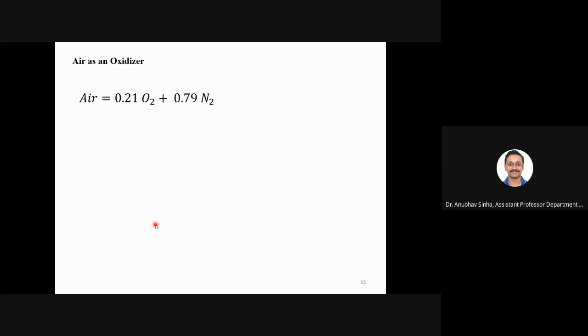Now let us talk about air as an oxidizer. In most engines, gas turbine engines and IC engines, we generally use air. What is the composition of air? Air is made of 21% oxygen and 79% nitrogen.